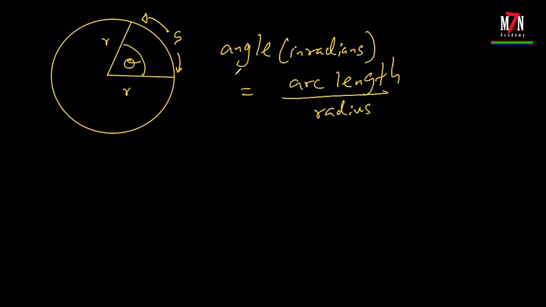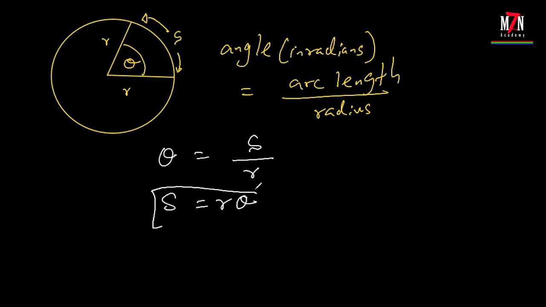According to this equation, angle we can write as theta, arc length as s, and the radius is r. So easily we can write s equals r theta. Here you should remember theta should be in radians.